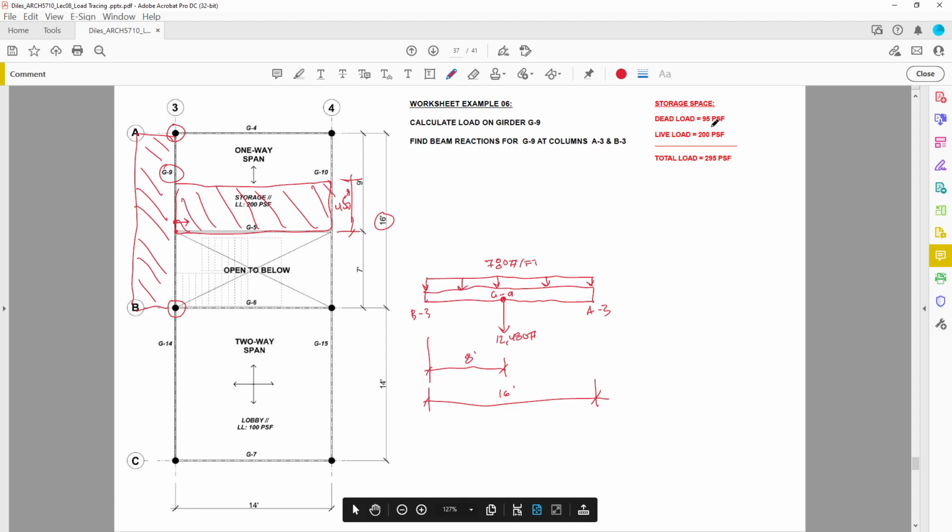So for the storage space, the live load plus the dead load is 295. So let's find the load on G5. That's 295 pounds per square foot, times the square footage of this area that we're looking at. We're looking at 4.5 feet multiplied by 14 feet long, the overall length of the girder.